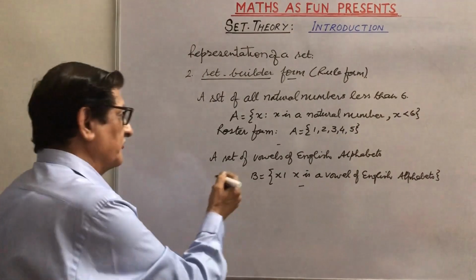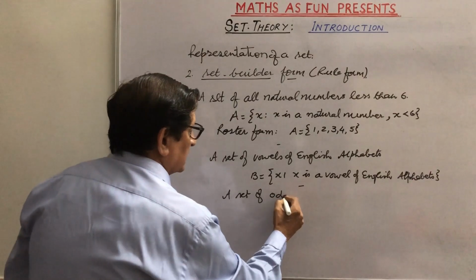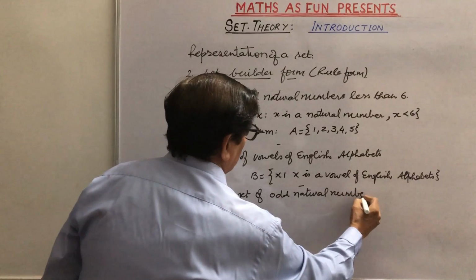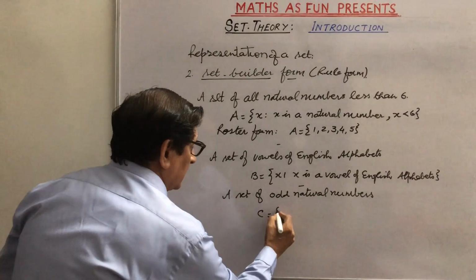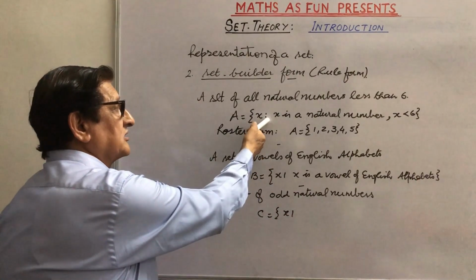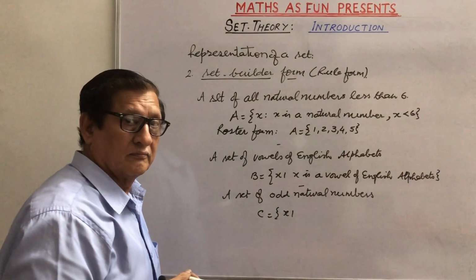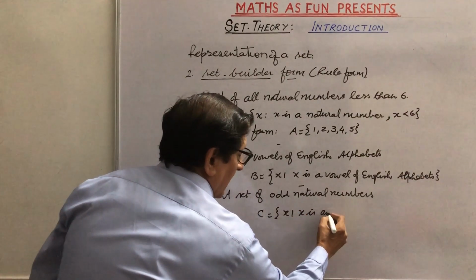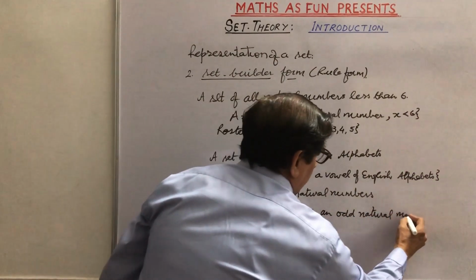The next example, we can take a set of odd natural numbers. Suppose we write this as set C. We can write it as X such that, we can represent such that as this or a vertical line, such that X is an odd natural number.